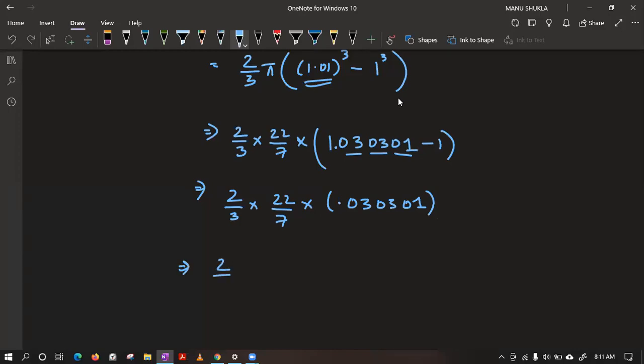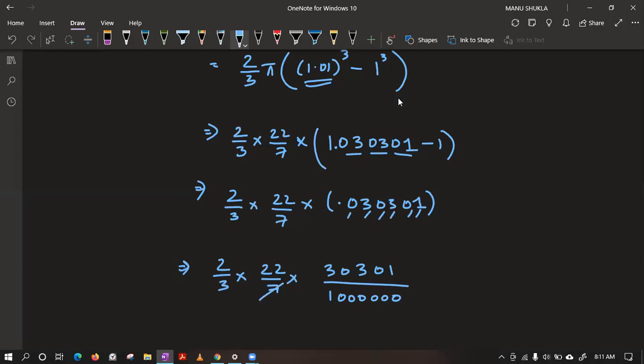Anyone? Please tell, can we divide this by 7? 30301 upon 1, 2, 3, 4, 5, 6.